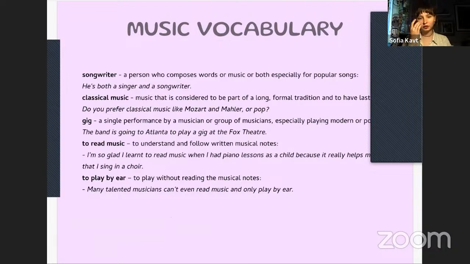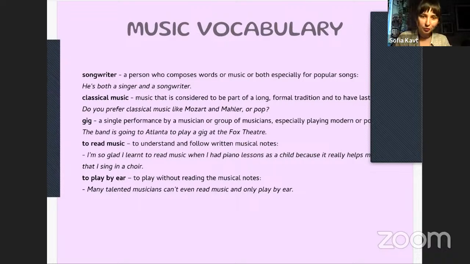Okay, and let's look at the second part right here real quick. The next one is a songwriter. So a songwriter is a person who composes words and music for songs, especially pop songs. You can also refer to them as singer-songwriters.